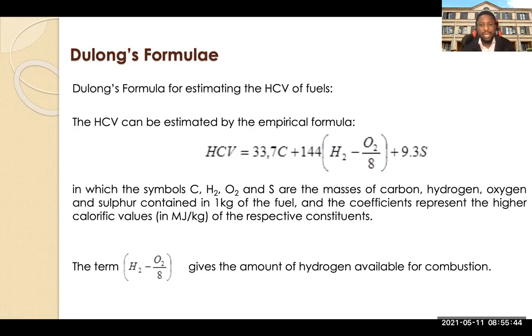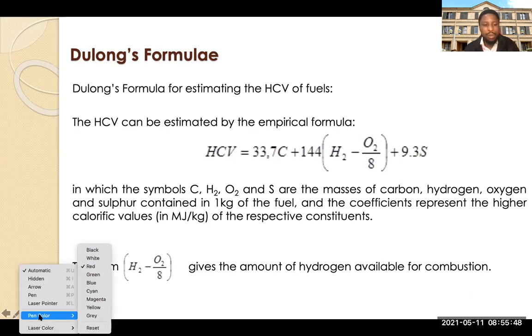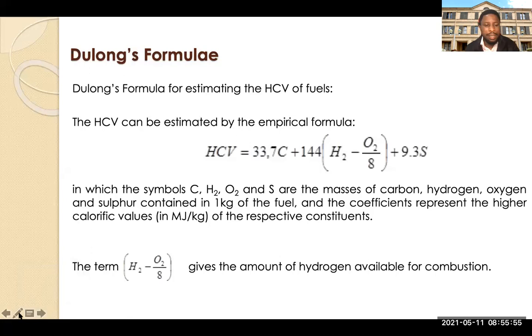One of the things we must have learned from the previous chapter is coefficients. We alluded to the fact that you've got coefficient values. So take note of the elements that we look at that are involved in combustion in any material. So different materials have been taken, different fuels.